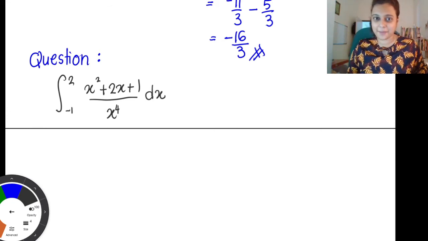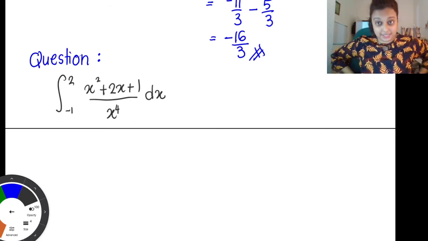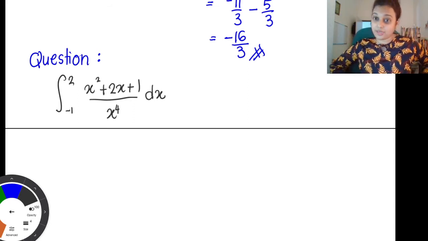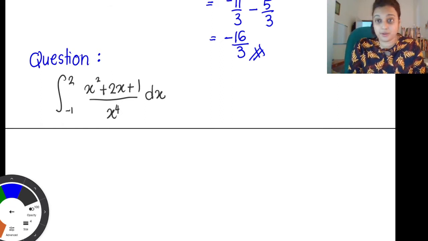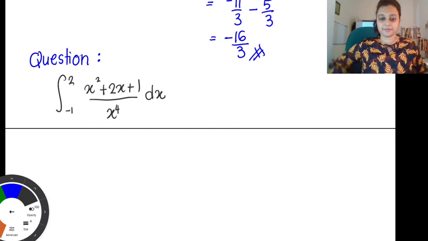Give me the answer in the comment, and I will definitely reply if you're correct. If you're wrong, then you will learn from your mistakes. It's okay if you're wrong, as long as you give it a go, because Add Maths is all about practicing. You can't just sit there and watch only. You have to try it together. So I hope you pause this before you start the next session.